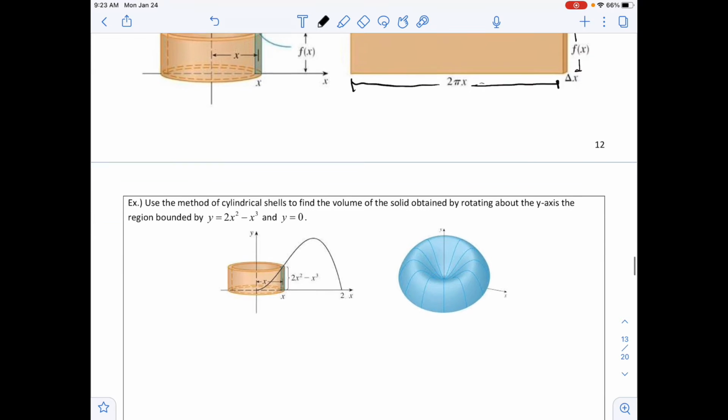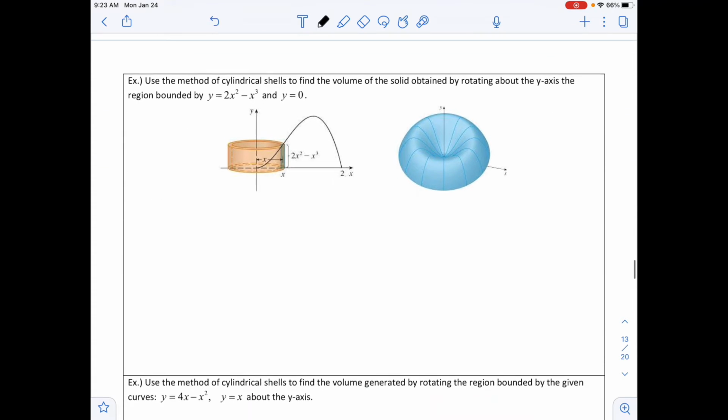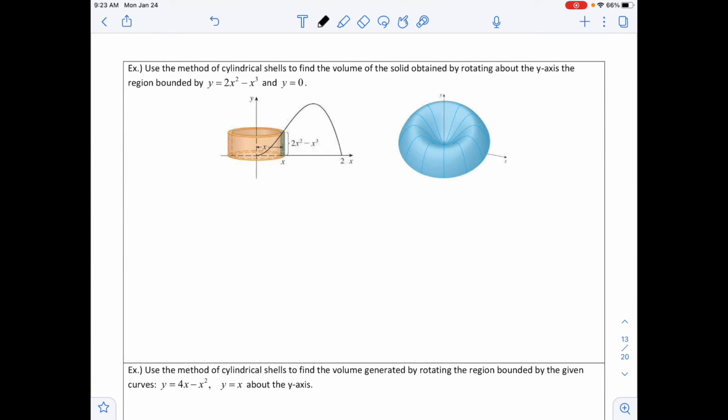So right below this, we have an example. The example says, use the method of cylindrical shells to find the volume of a solid obtained by rotating about the y-axis, the region bounded by y equals 2x squared minus x cubed, and y equals 0. The graph is given here, and also a diagram and a picture of what we obtained as we rotate this.